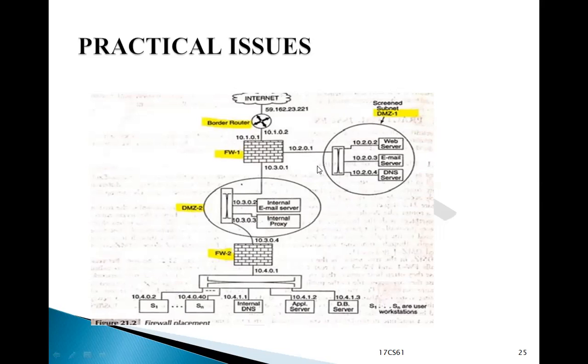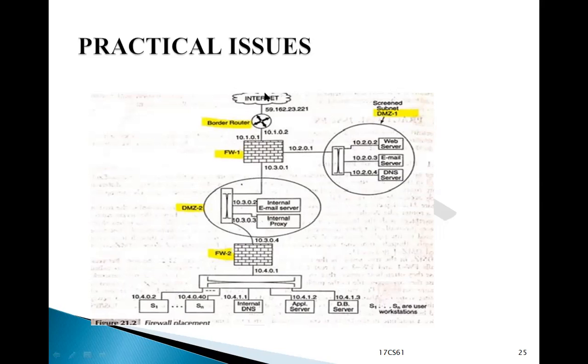You can see here this is one zone. DMZ stands for demilitarized zone. So DMZ1 is one particular section or zone, and here is another zone, and here another zone. So there are many zones here. Usually there will be at least three zones commonly.